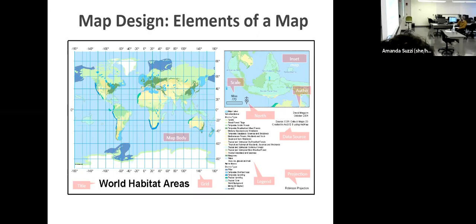So this is a map of biome types. And this is a very, very poor representation with the colors because they are showing you areas in between Australia and India.